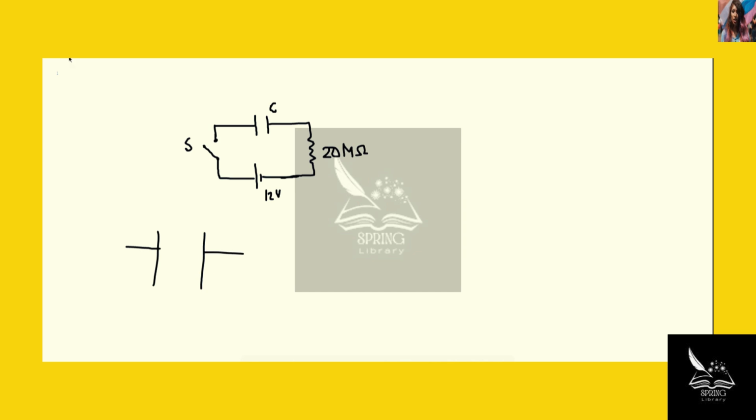So let's start noting down certain things. We'll draw the parallel plate capacitor. Imagine these are the plates of the capacitor, and these are the two leads. The plate radius is 5 centimeters, so capital R is 5 centimeters.